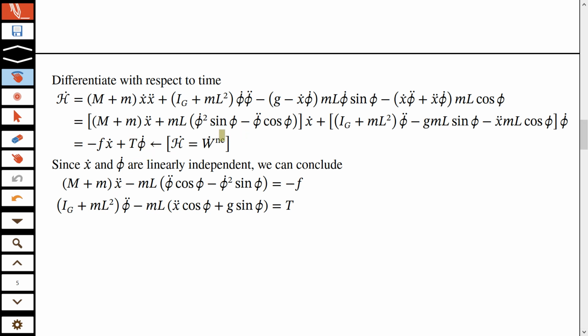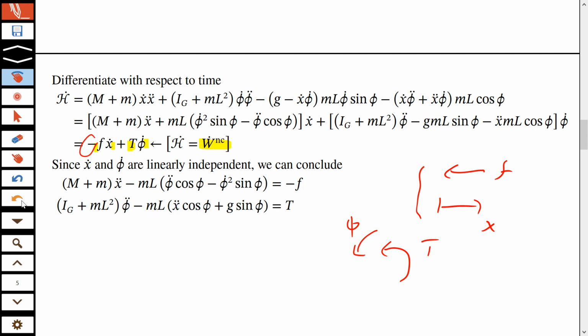and that grouping allows you, because you can write the power as T times omega and F times v, and this minus sign is only a consequence of the fact that x is towards the right and F is towards the left, so they're opposite, and there is no such thing for T. T is counterclockwise and phi is also counterclockwise, so you have a plus and a minus there.